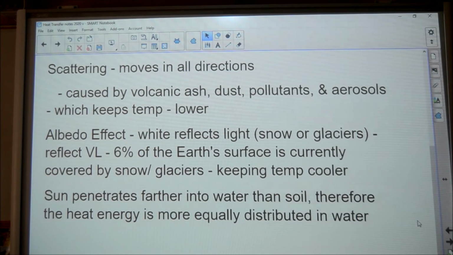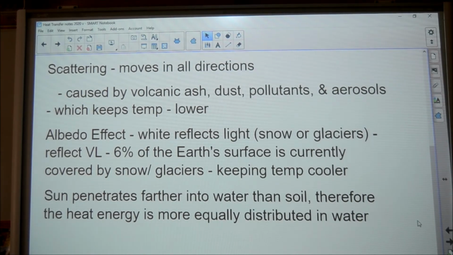So when we had talked earlier this year about the mini ice age in the 1800s, that was because of volcanic eruptions. That ash in the air doesn't allow the sunlight or insolation to actually get to the ground. So that way it keeps us cool, and that's why they had that mini ice age in the 1800s. Albedo effect. White reflects light.